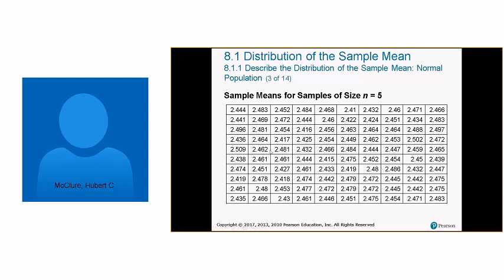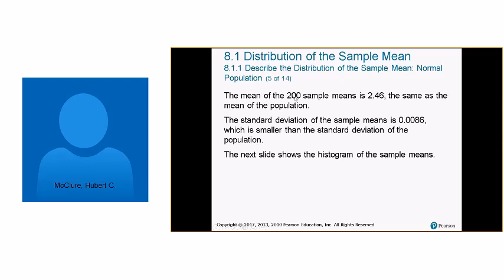So there's your 100 means. Sample size n is equal to 5. They've done several different variations. Okay, so they threw the 5 back in and picked another 5. I don't know why they're doing so many. The mean of 200 means.